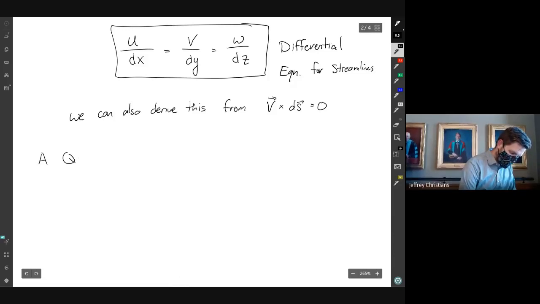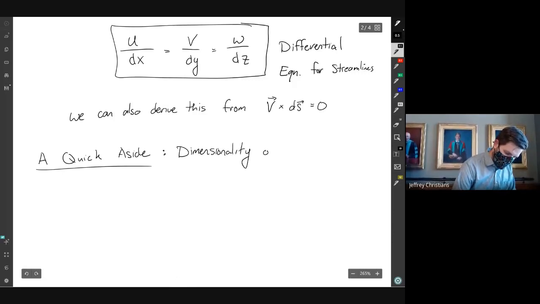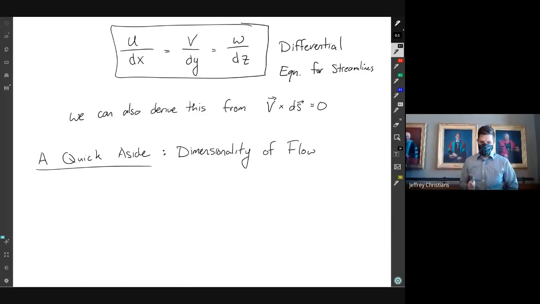So we'll call this a quick aside. So this equation, the definition of the differential equation for streamlines, is a three-dimensional thing. But a lot of times we're going to try to simplify things down to being either one-dimensional or two-dimensional rather than having to deal with 3 dimensions.